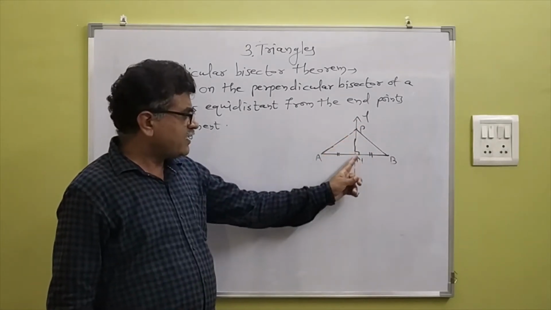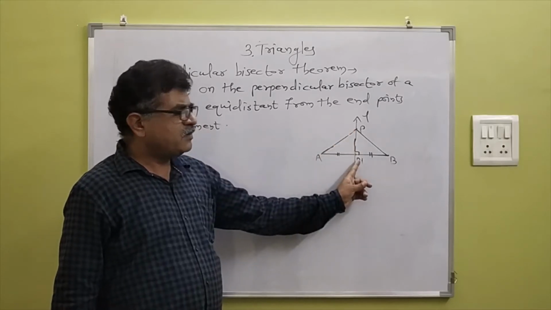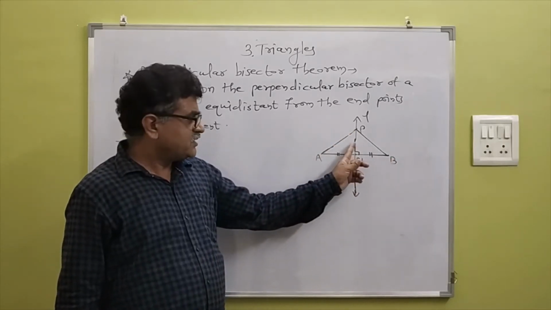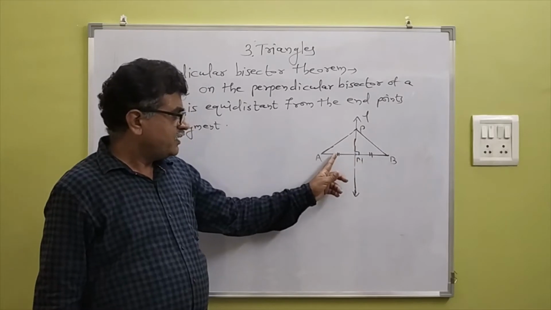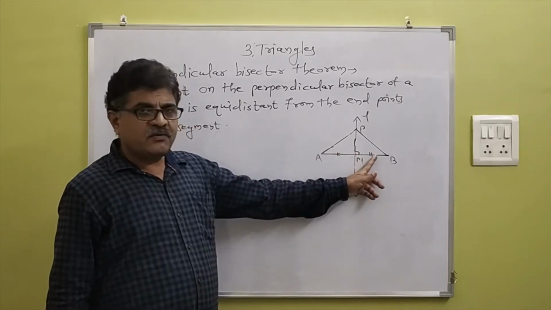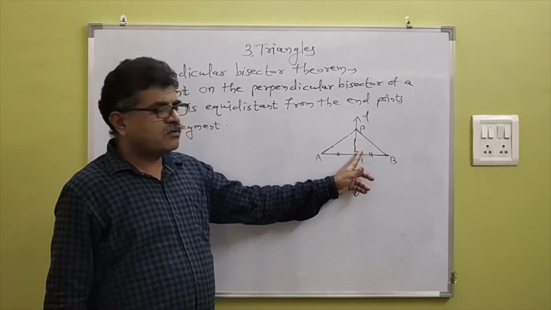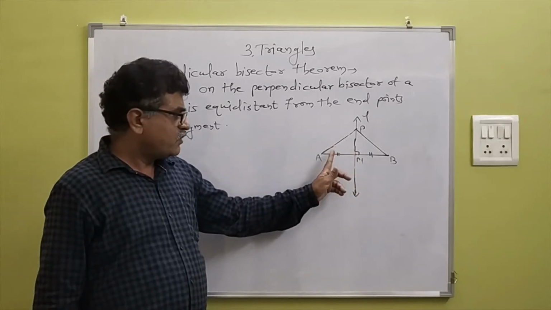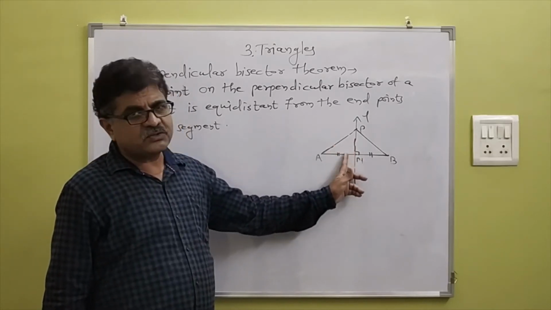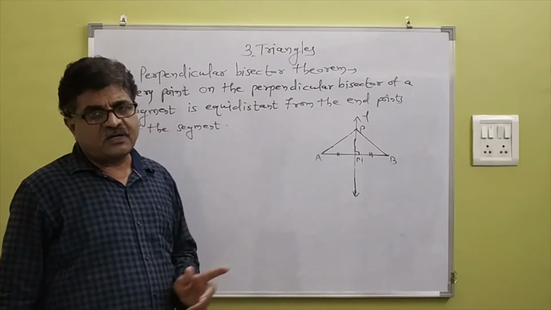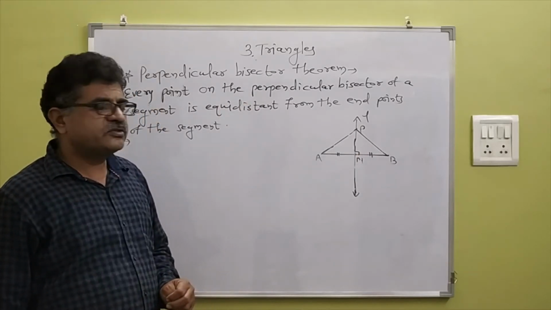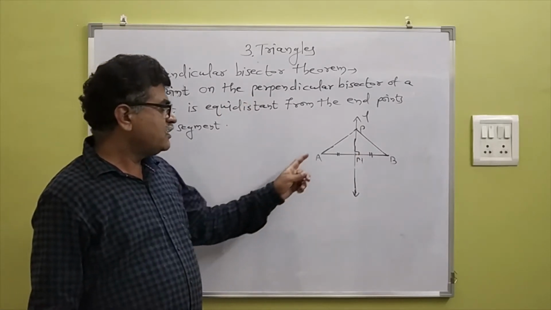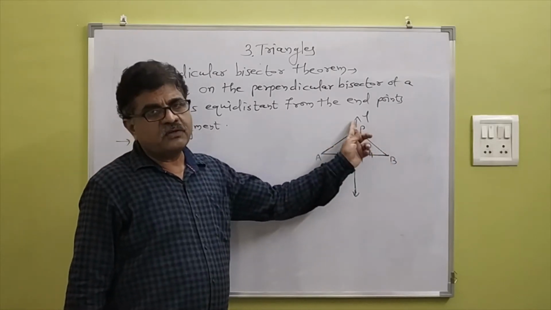Now in triangle PMA and triangle PMB, this is common side, this is given, and this angle is of 90 degrees. Therefore, by SAS test, these two triangles are congruent, and corresponding sides of congruent triangles are congruent. Therefore, AP is equal to BP.